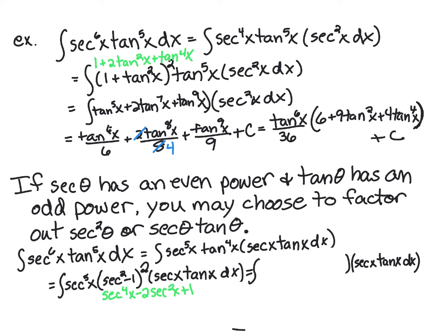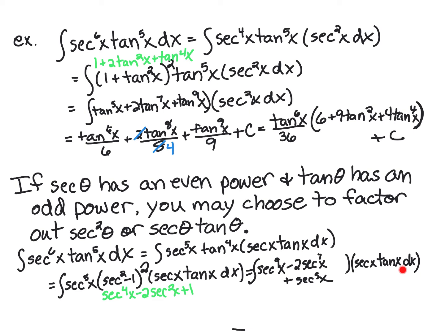All right, secant to the fifth times secant to the fourth. Secant to the fifth times secant squared, so I have minus 2 secant 7. And then I'm going to have secant to the fifth times 1, so plus secant 5x times secant tangent.